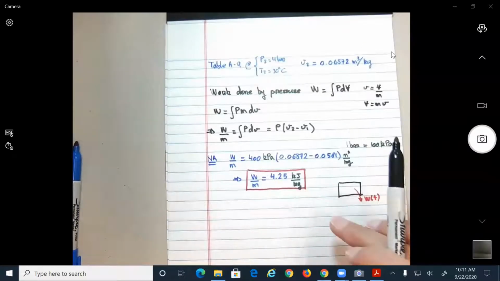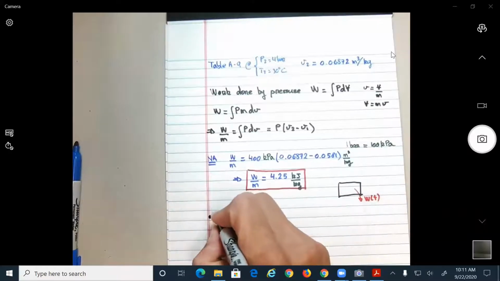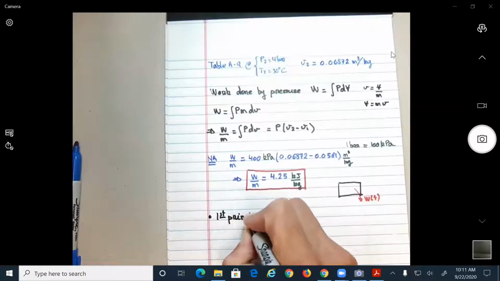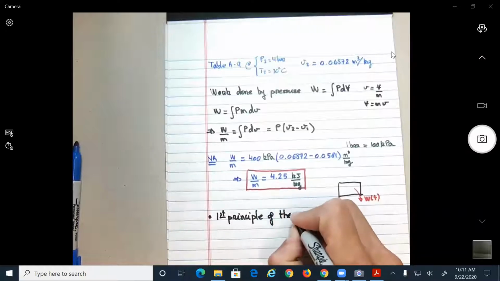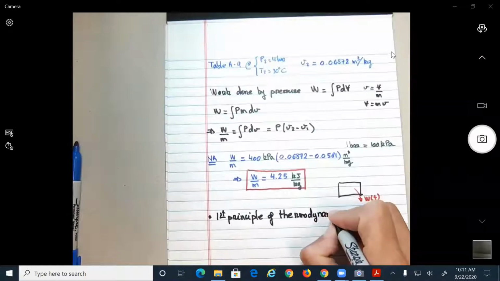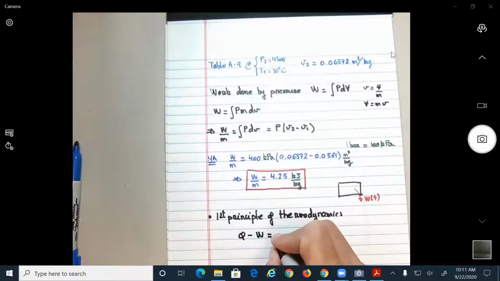All right, so in order to do that, what is the equation we're going to use? We're going to use the first principle, which is called on your book the first law, but the first principle of thermodynamics. Which is what? Heat minus work equal to change in energy.